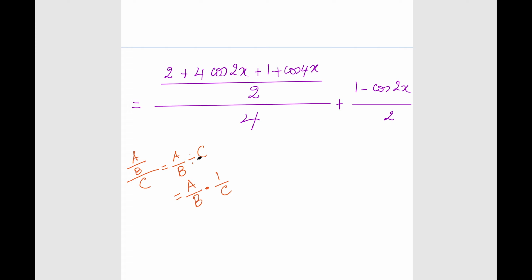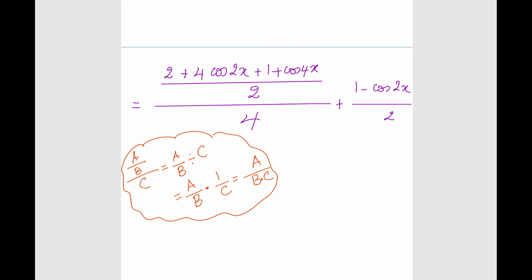One more time, dividing by c is the same thing as saying multiplying by the reciprocal of c, which is 1 over c. And all of this means, how do you multiply two quotients here? A times 1, which is a, divided by the product of the denominators, which is b times c. Okay, so that's what I'm gonna use to simplify all this writing.